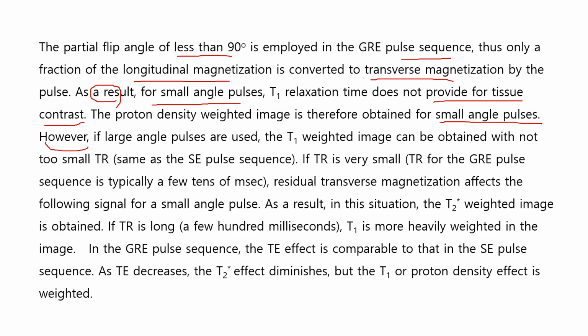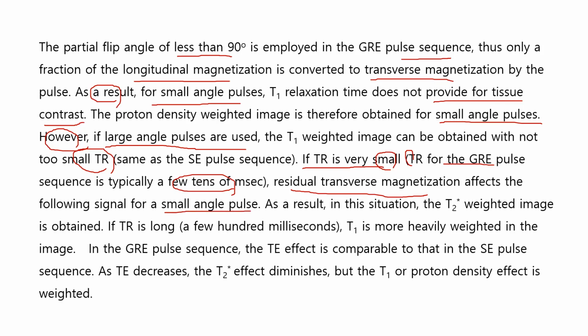However, if large angle pulses are used, the T1 weighted image can be obtained with a not too small TR. Okay. If TR is very small, TR for the GRE pulse sequence is typically a few tens of milliseconds, residual transverse magnetization affects the following signal for a small angle pulse.